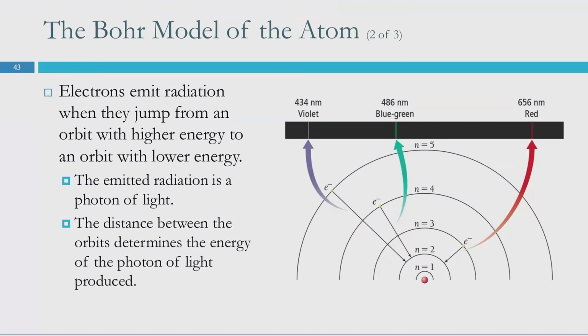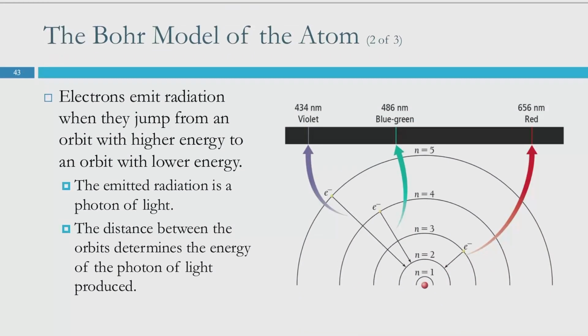And here's a little bit of a model of that. We've got our nucleus here, and then we've got our orbits. We're just showing half of them. Our orbits, we number them starting from 1 as our lowest number. This is our innermost track, or orbit.